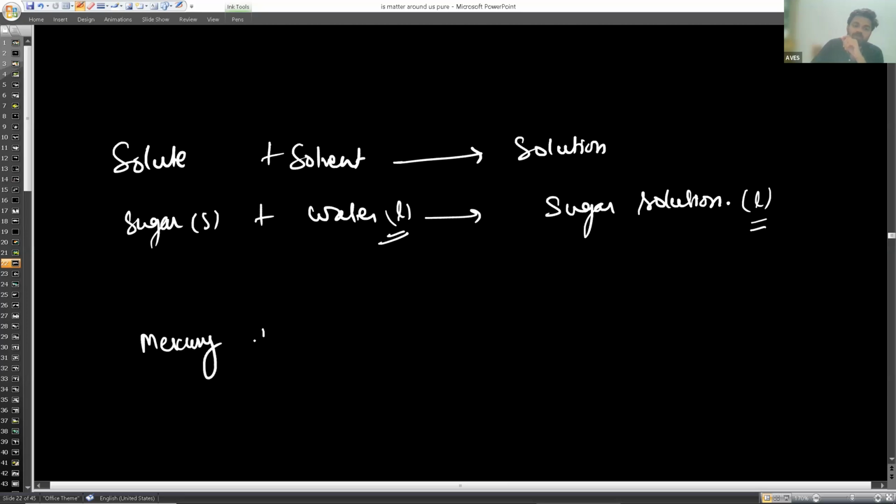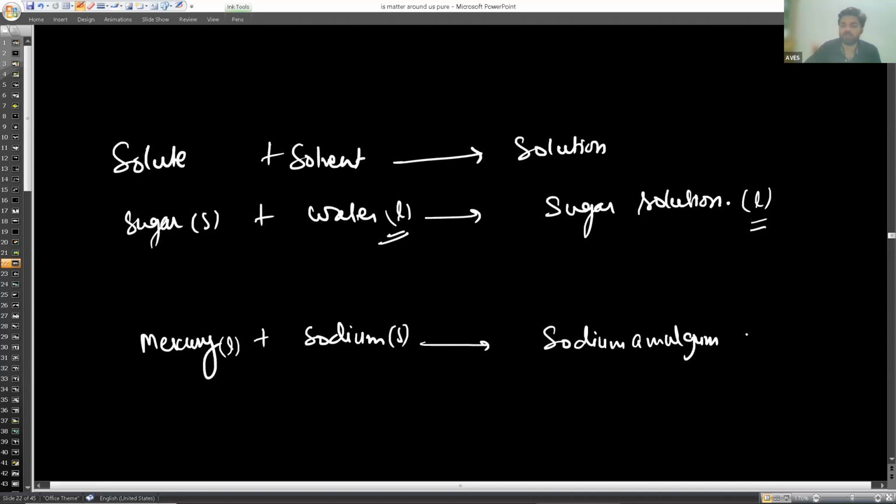For example, mercury, when added to sodium, gives you sodium amalgam. The state of mercury is liquid, the state of sodium is solid at room temperature, and the state of sodium amalgam is also solid. Can you tell me which is the solvent here? Mercury.